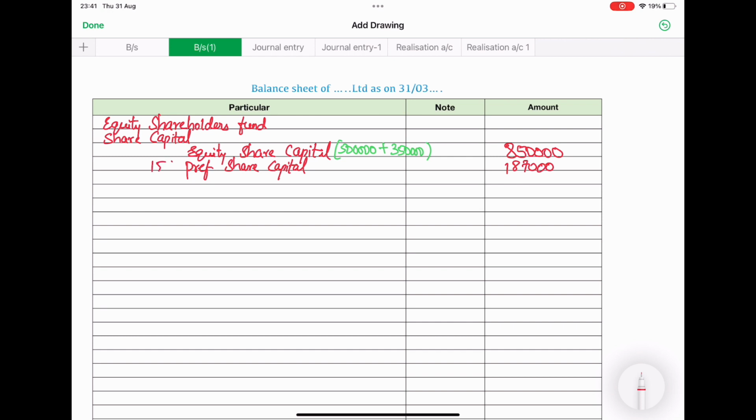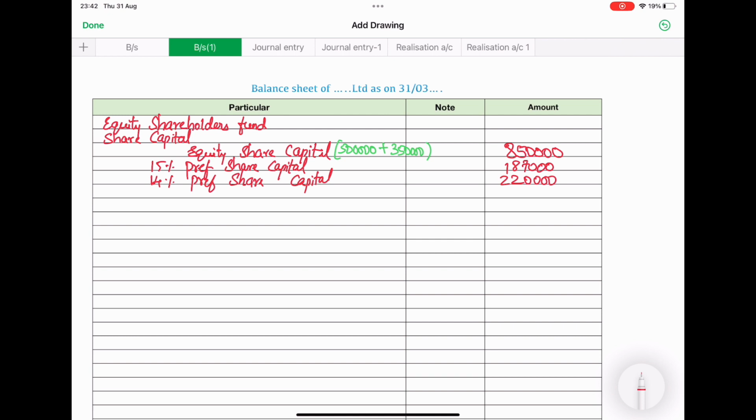We can merge different preference share capital together, but here we can't add both companies together because the percentage is differing. So this is 15% preference capital. Next one is 14% preference capital. The dividend value of both will change, so we can't merge them. So 14% preference share capital is valued at 2,20,000.